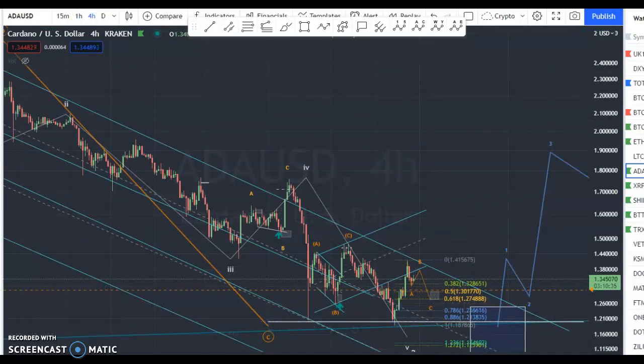So just to show you what I mean, that's my low, and I get in there, that's a very, very small loss compared to a massive gain if this is the low. Of course, we haven't broken this channel yet, so we can still do one more dip down here into this box area again and then go.